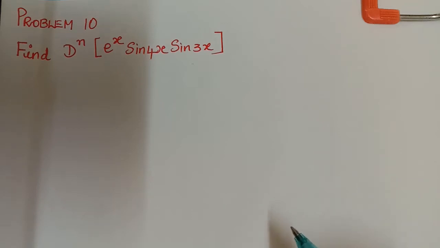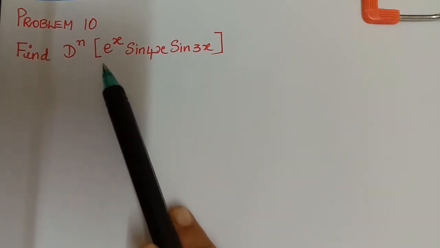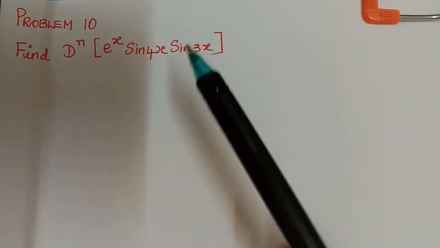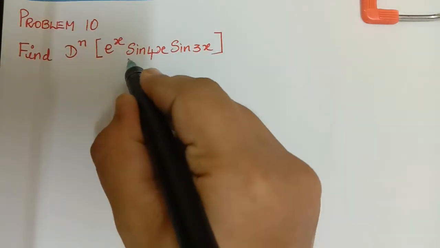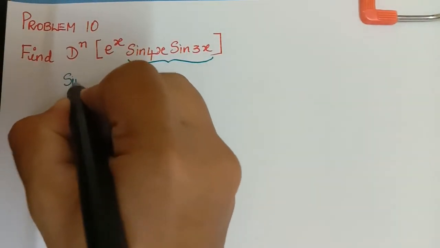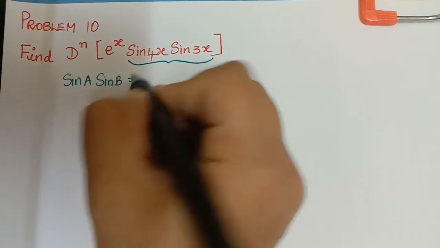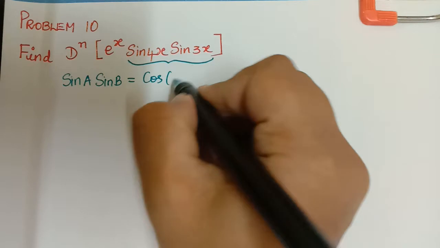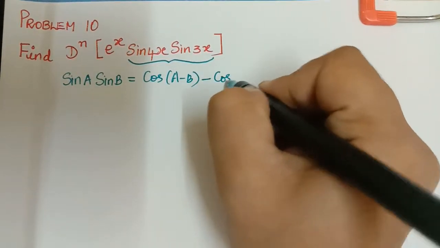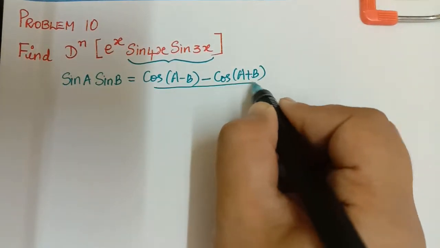Hello students, we shall now differentiate and find the nth derivative of e power x sine 4x sine 3x. So first we shall simplify these two terms by using the formula sine A sine B is equal to cos A minus B minus cos A plus B, the whole divided by 2.